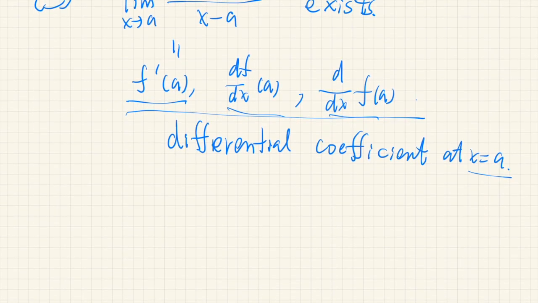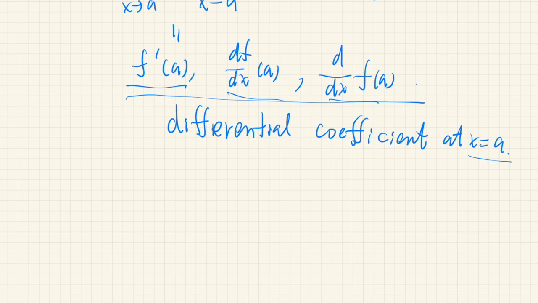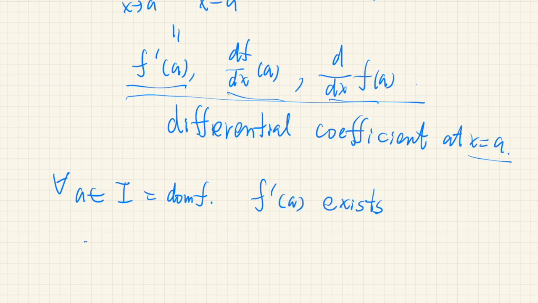But if differential coefficients exist everywhere in the domain of f of x, we simply say f of x is differentiable. That is, if for every a in the interval, which is the domain of f, f prime of a exists, then we say f of x is differentiable.